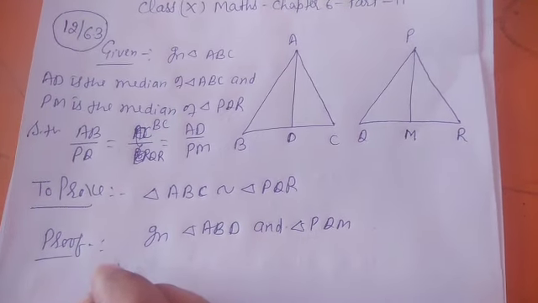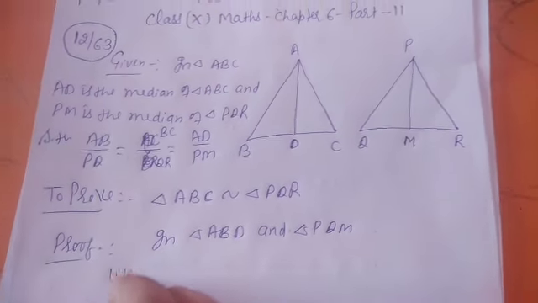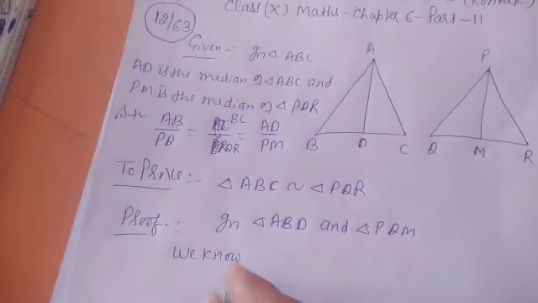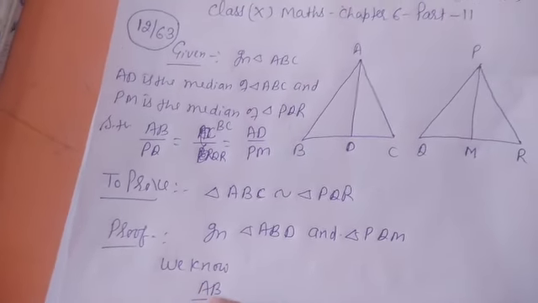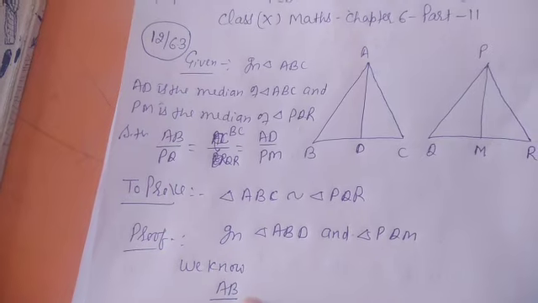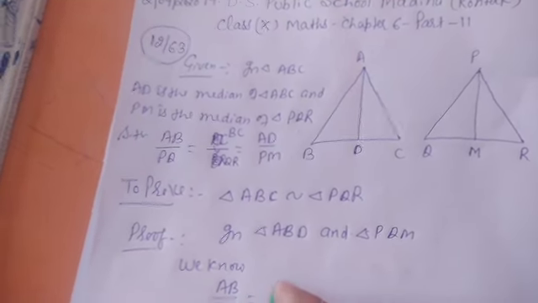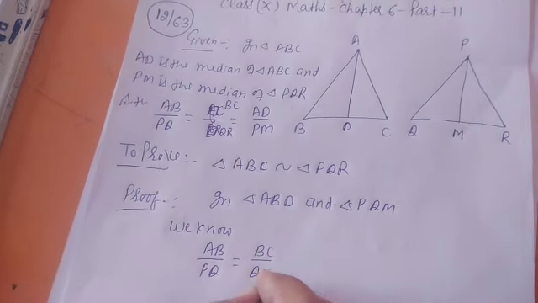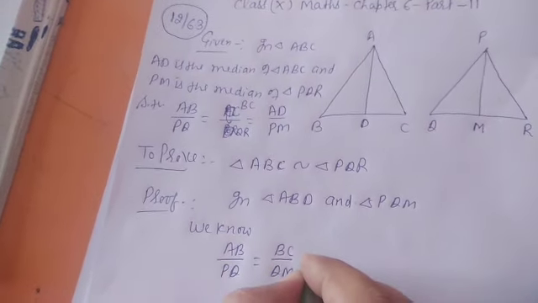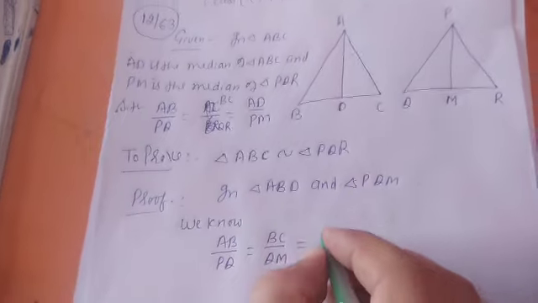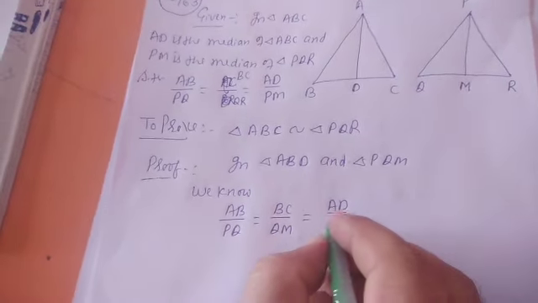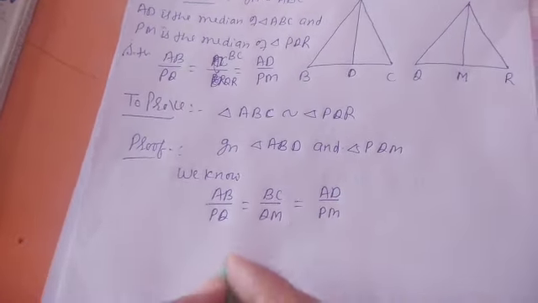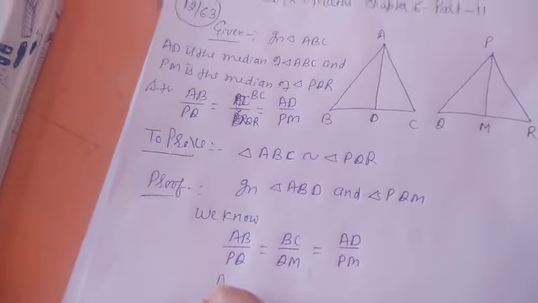PQM. We know AB by PQ is equal to BC by QM is equal to AD by PM. This we know.